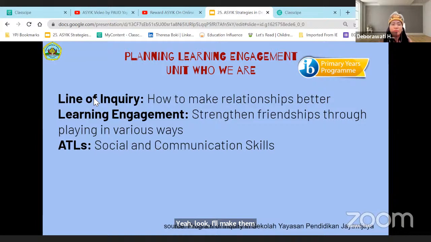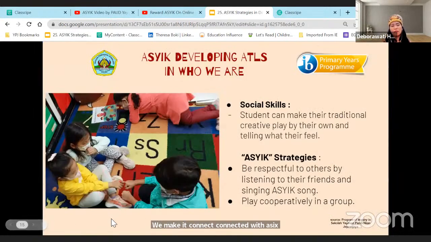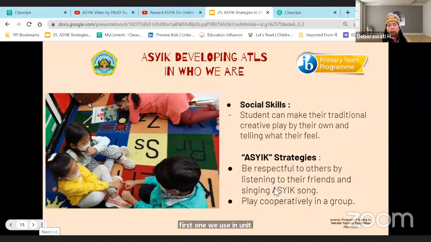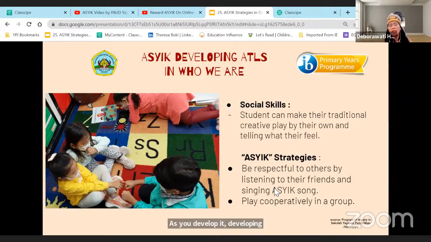Yeah, this is our explanation about what connects our unit with learning engagement and ATLs, and we connect it with ASYIK strategies. For example, the first one we use in the unit Who We Are, ASYIK developing, and we connected it with social skill.